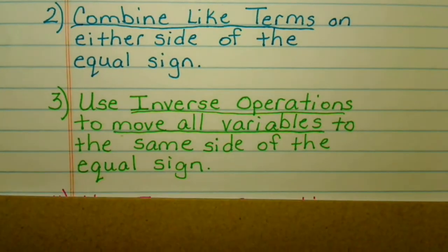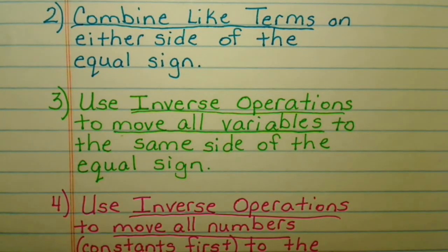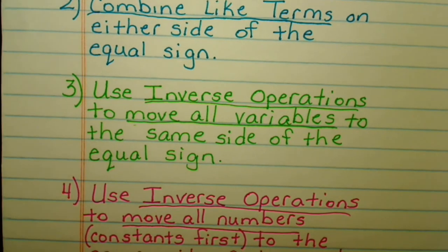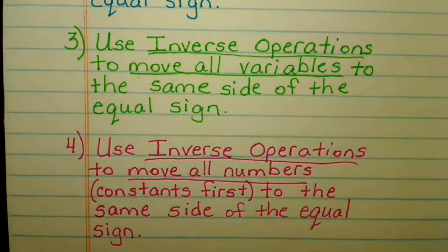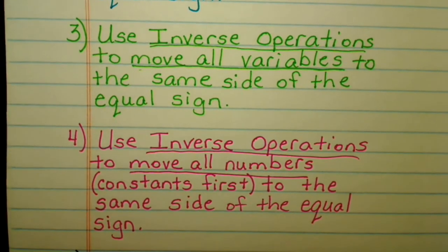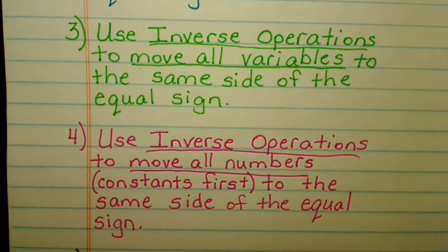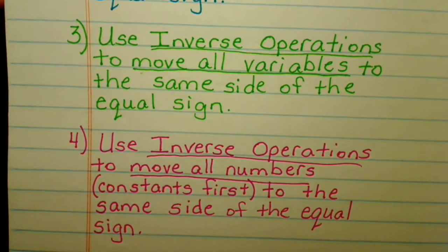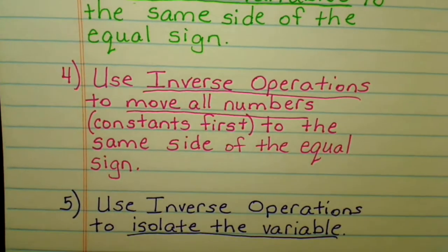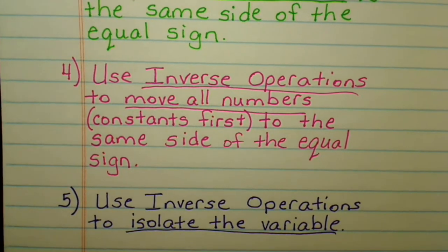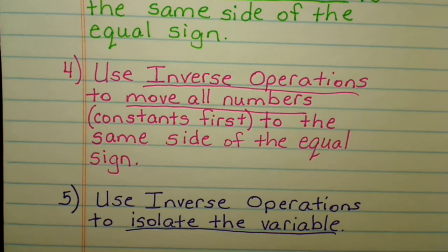The next step, step 4, is to use inverse operations to move all of the numbers, constants, to the same side of the equal sign. And then the last step, step 5, is to use inverse operations to isolate the variable.